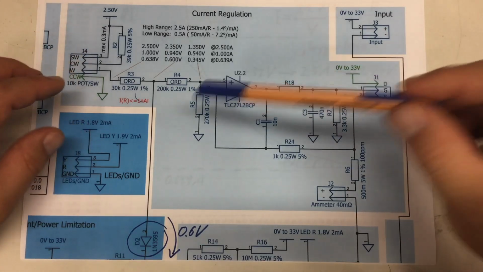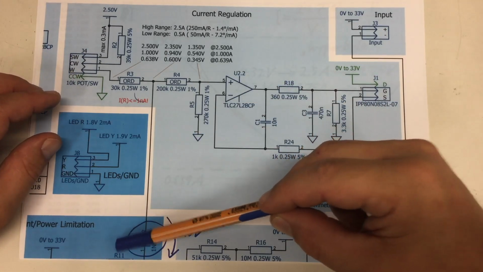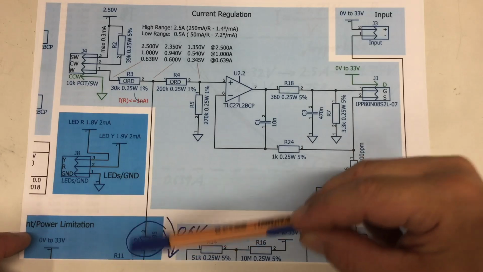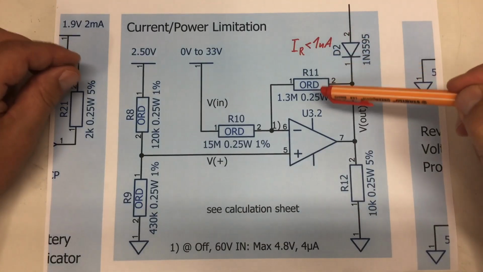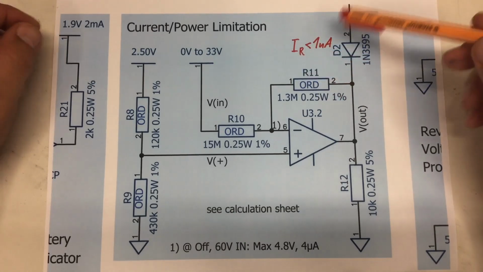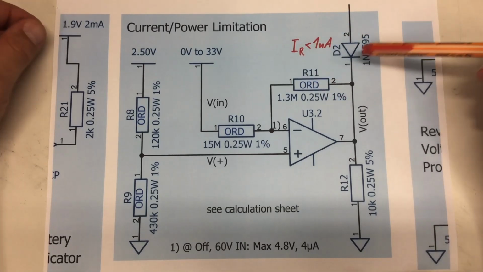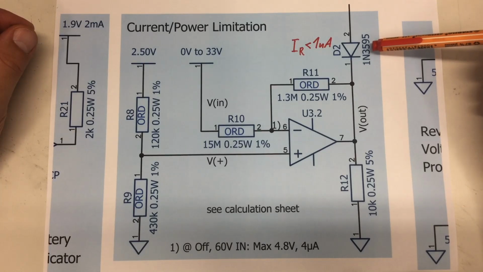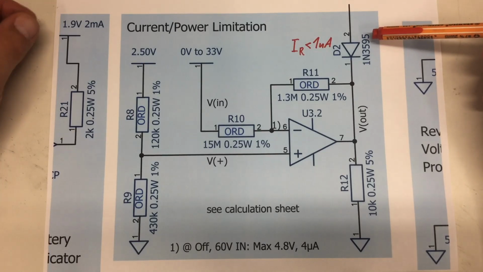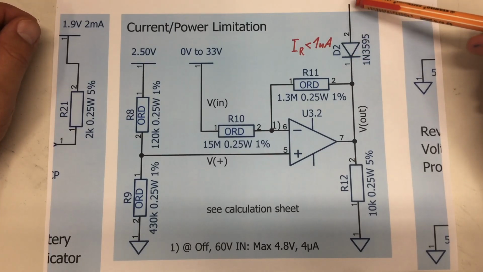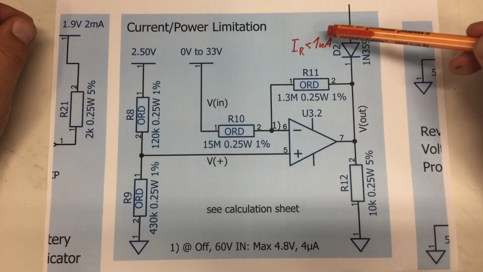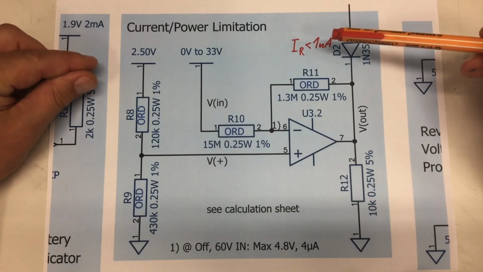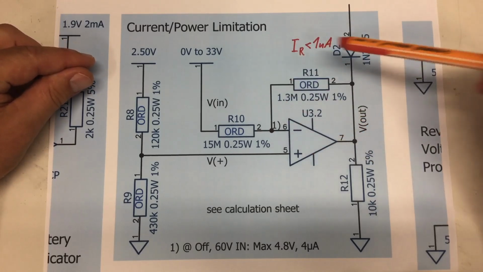Okay, so let's have a look at that circuit down here, where you just saw the diode up until now. There is one critical aspect about that diode, the 1N3595. Its reverse current is below 1 nanoamp. Remember, this is limiting.